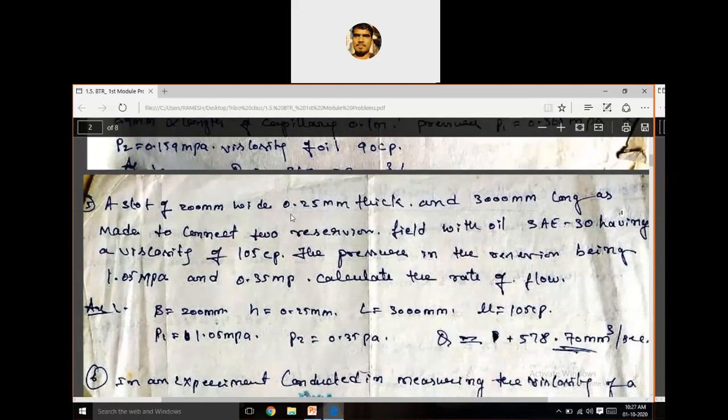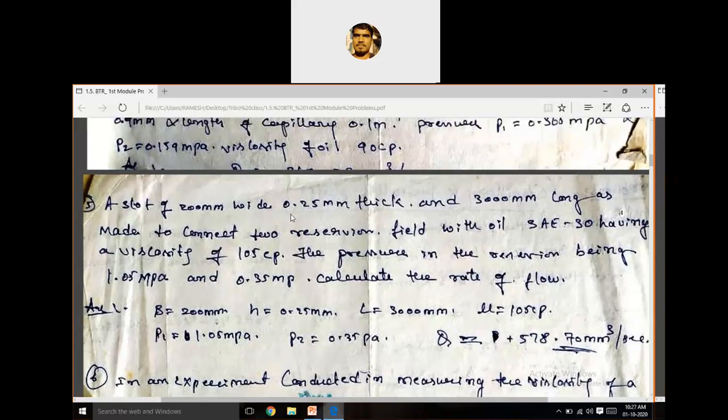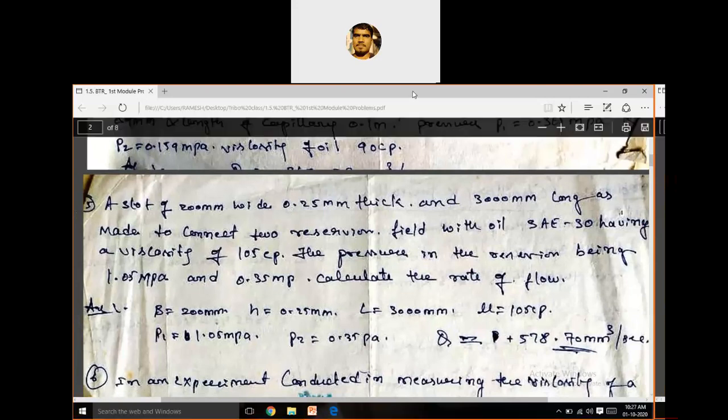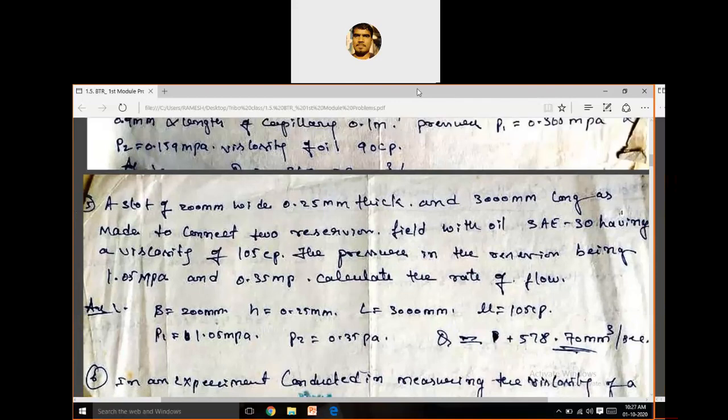Take the fifth problem. A slot of 200 mm wide, 0.25 mm thick, and 3000 mm long is made to connect two reservoirs filled with oil SAE 30 having a viscosity of 105 centipoise.